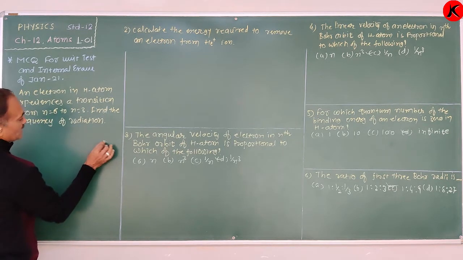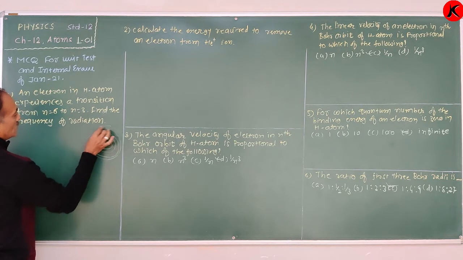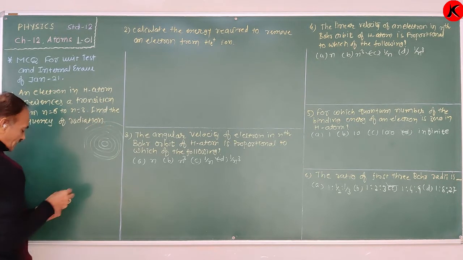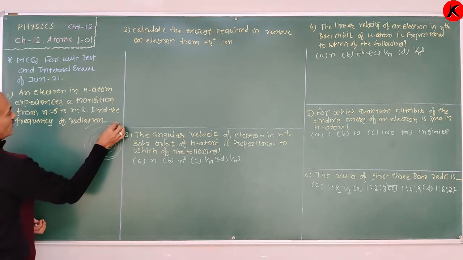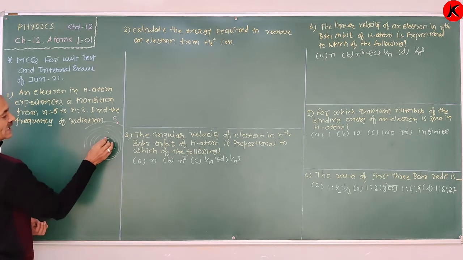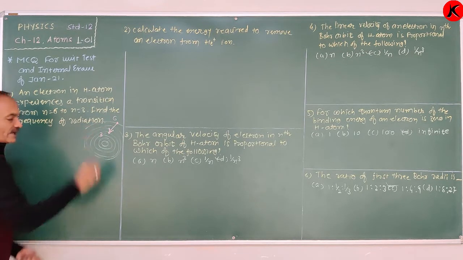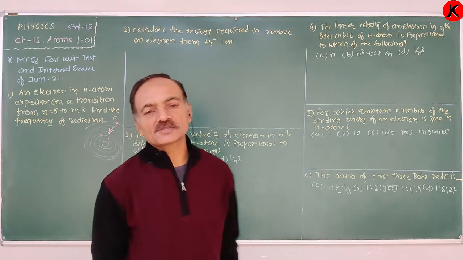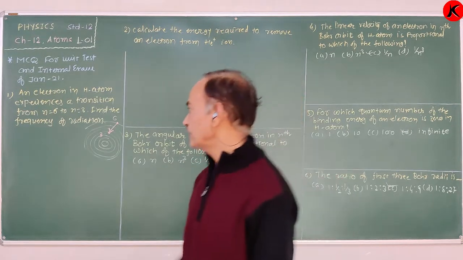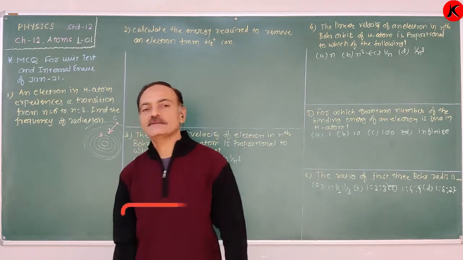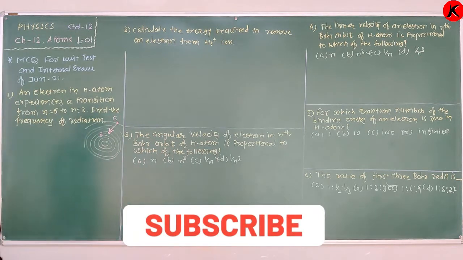Like this, there is the nucleus, and orbits 1, 2, 3, 4, 5, and 6. The electron, already in the 6th orbit, makes the transition to the third orbit, this orbit. According to Bohr's hypothesis, the energy difference between these two orbits is radiated by the electron in the form of radiation.